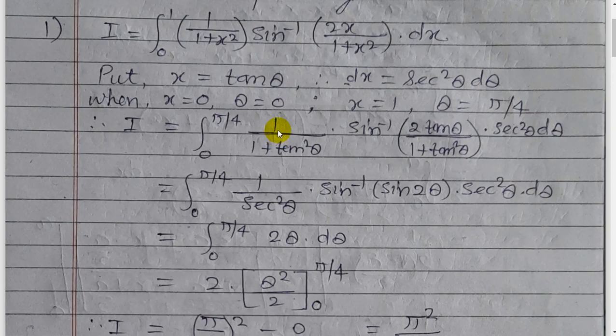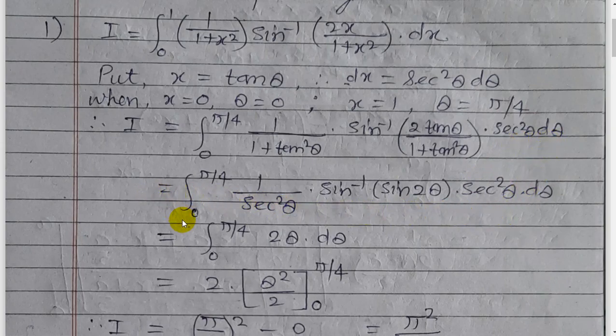Now 1 plus tan square theta is an identity equal to sec square theta, into sine inverse, and this is the formula for sine 2 theta. Sec square theta d theta will be the same.